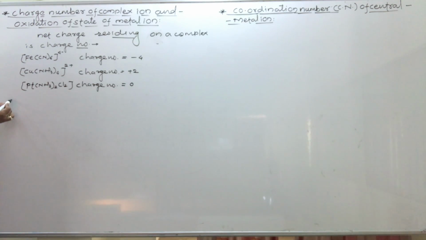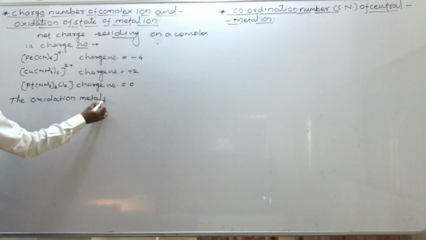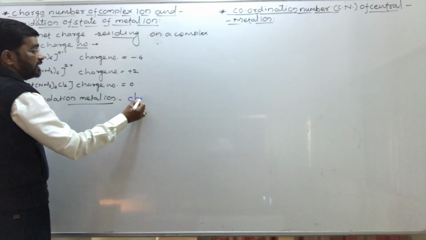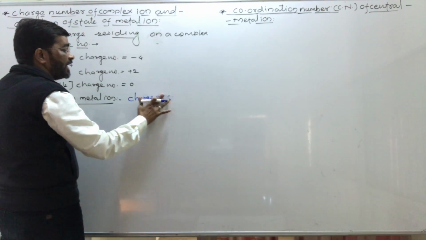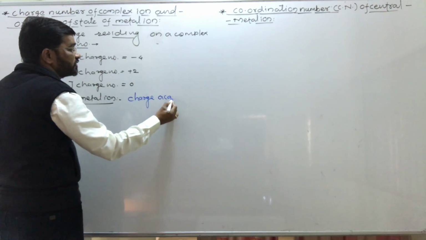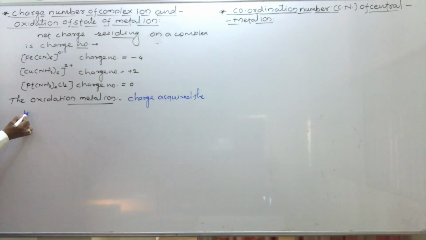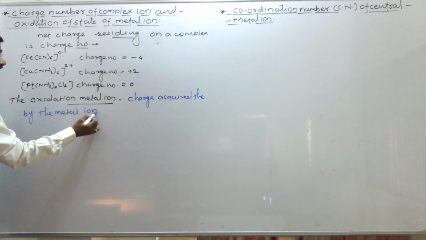Now see the oxidation state of the metal ion. It is the oxidation state acquired by the metal, nothing but the charge acquired by the metal ion in a complex.